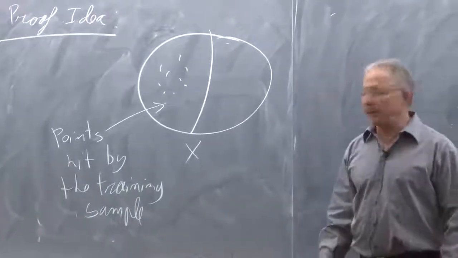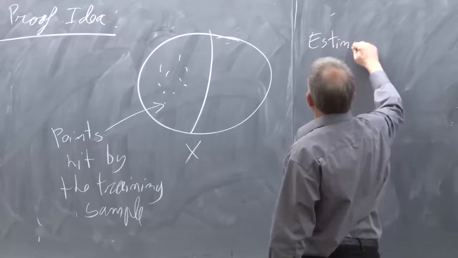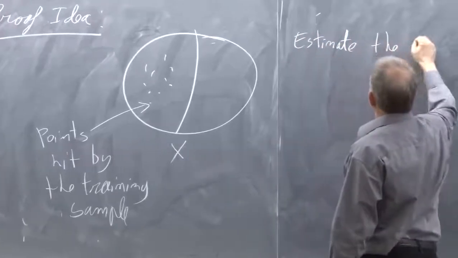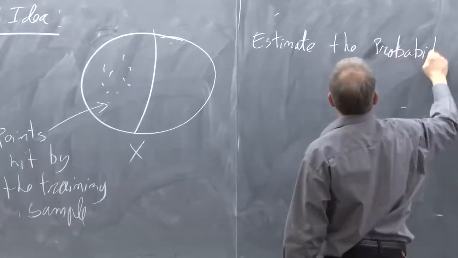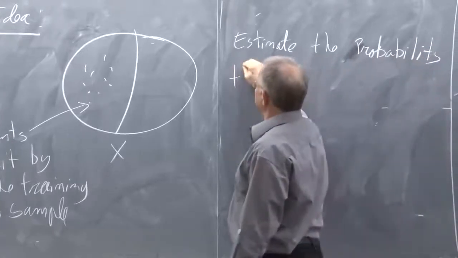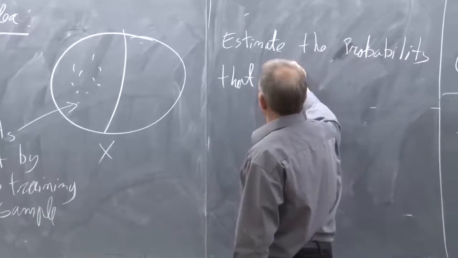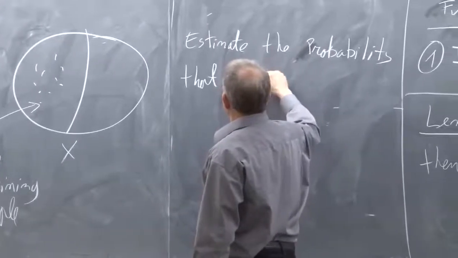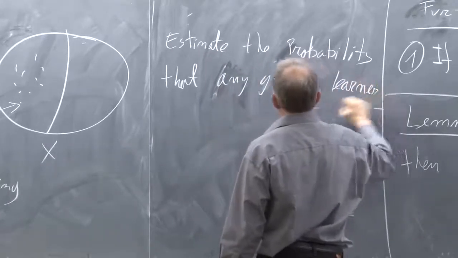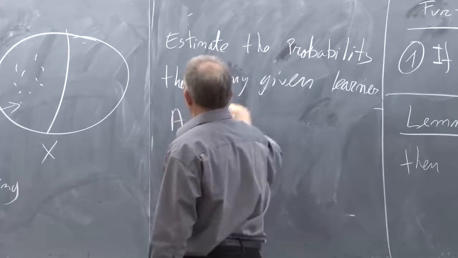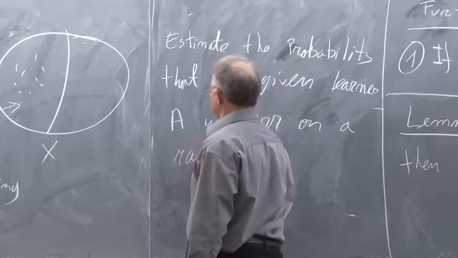Now what we want to estimate, to upper bound, to lower bound, is the probability that any given learner A will err on a random point.